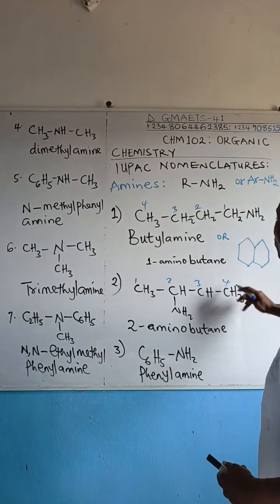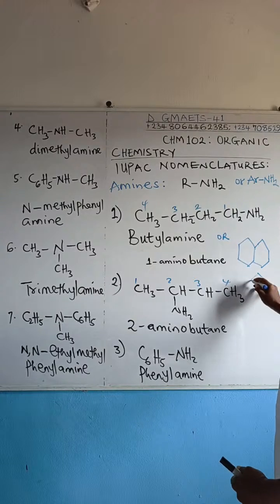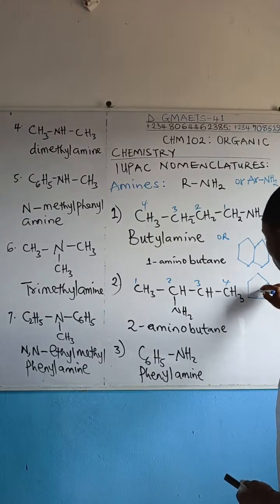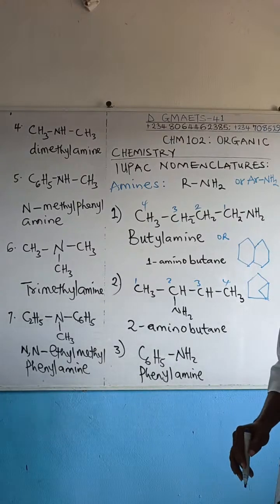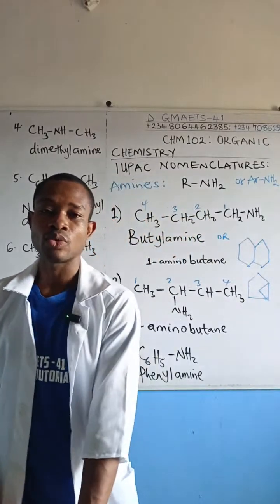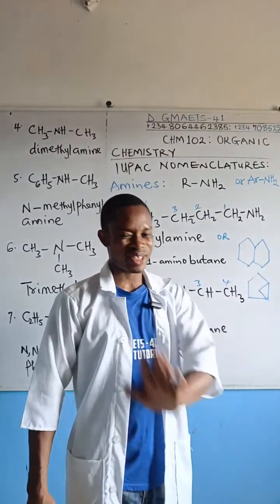It could go in different ways. What if I draw something like this, and then you have this? You're asked to give the name of this compound. We call them bicyclo compounds. But those are not meant for you friends in 100 levels, so it's not for you.